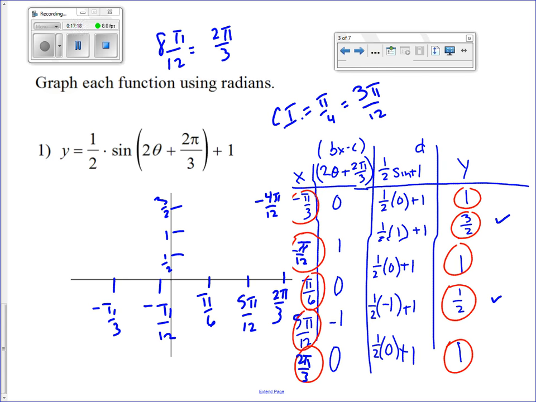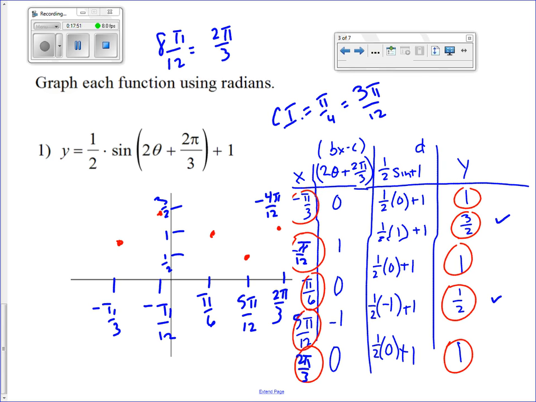So negative pi over 3 and 1. Negative pi over 12 and 3/2. Pi over 6, 1. Five pi over 12, 1/2. And 2 pi over 3, 1.